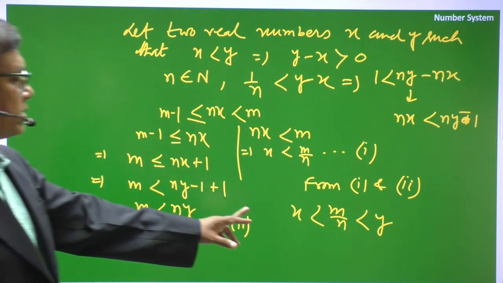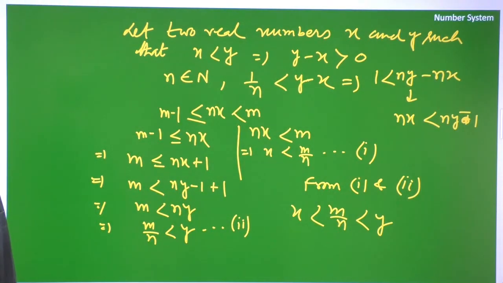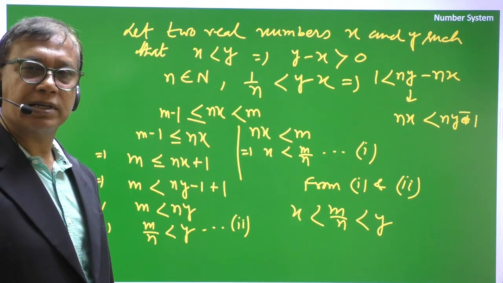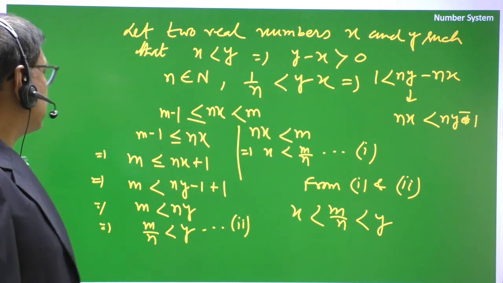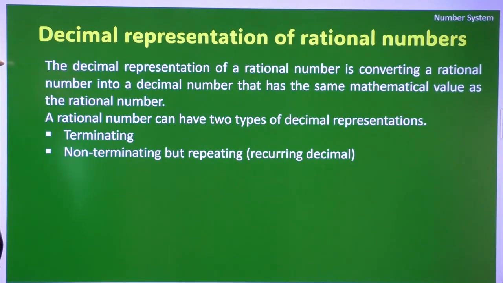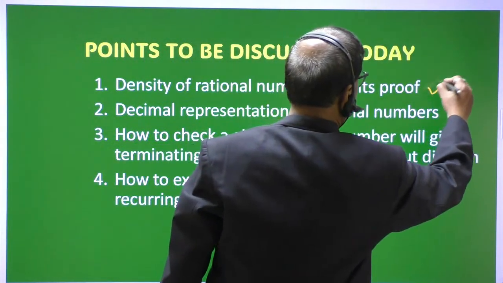So what implies it? In between x and y there is one rational number. Yes, so this is the density property of rational number. Is it clear? Okay, so now I'll discuss the second point. So density of rational numbers and its proof completed.